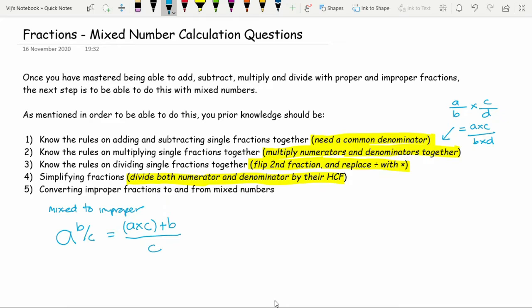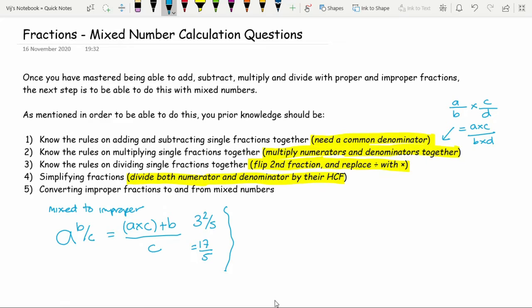An example of this would be if I had 3 and 2/5, then I would do 5 times 3, which is 15, plus 2, which is 17, so that would give me 17 over 5.